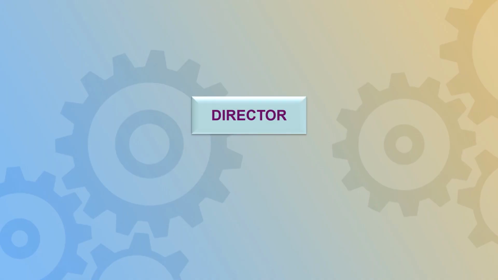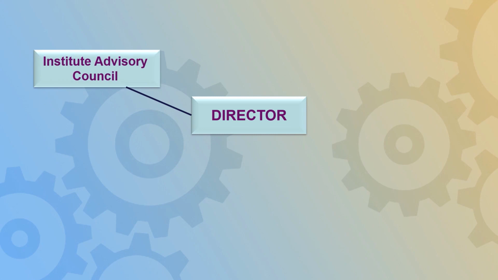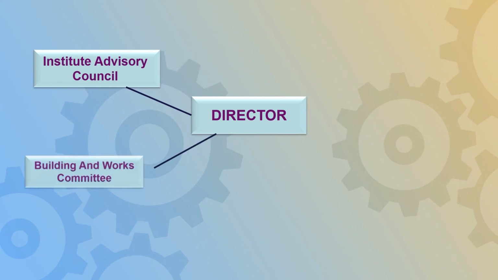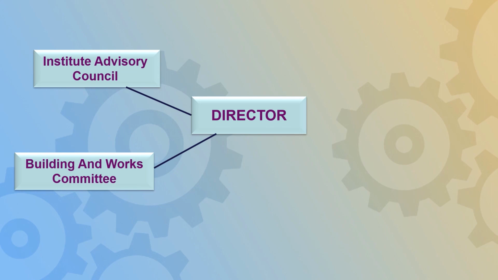Now, the director has direct responsibility with the Institute Advisory Council, which constitutes all the heads of the departments, deans, registrar, deputy director, and some other important functionaries like the superintendent of Institute Works Department and so on. Then the Building and Works Committee, which is a board subcommittee. Normally, the director is the chairman of that. Then the Educational Policy Committee.